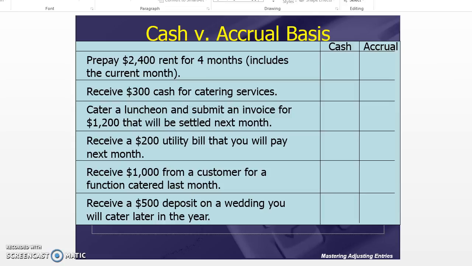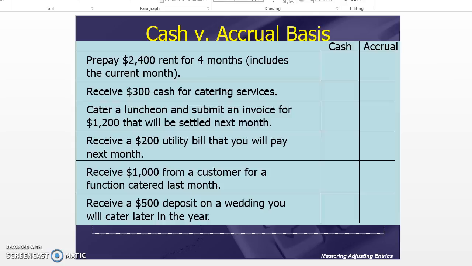However, under the accrual method of accounting, we are not going to recognize any expense until we have spent time in the facilities or the office that we are in fact renting. So I believe in this example, it said we were talking about March. So let's say we paid $2,400 in advance for March, April, May, and June.